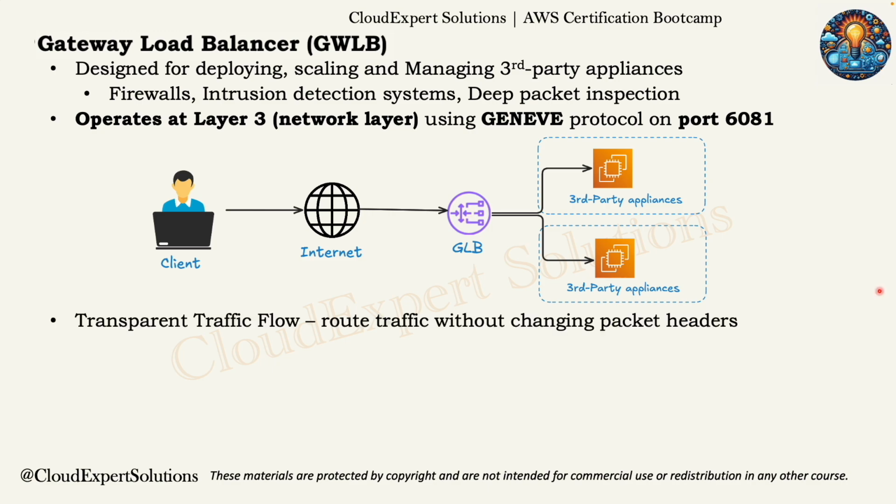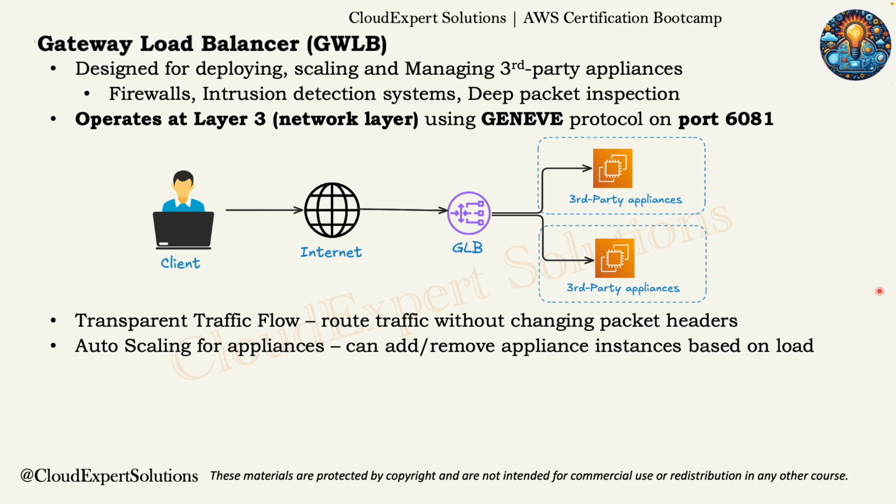Gateway load balancer routes traffic to the virtual appliances without changing the packet header. It can also perform auto scaling for the appliances, and gateway load balancer can add or remove appliances based on their load.